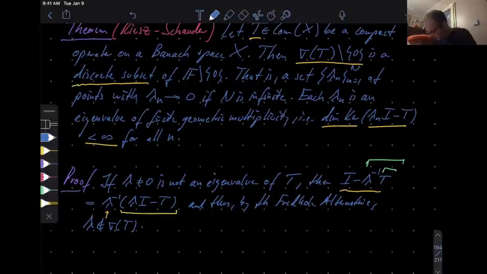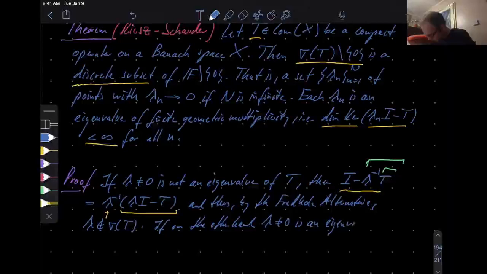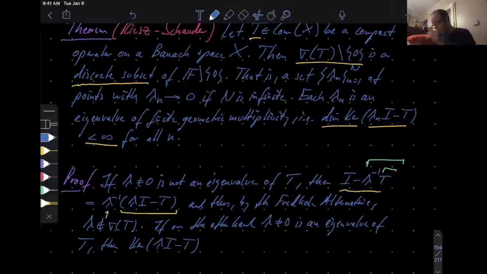Okay, if on the other hand lambda different from 0 is an eigenvalue of T, then, that's also easy, because we had this little proposition that led to the Fredholm alternative. So if you have this kernel, then you can factor out again that lambda, get it like this, the kernels don't change.